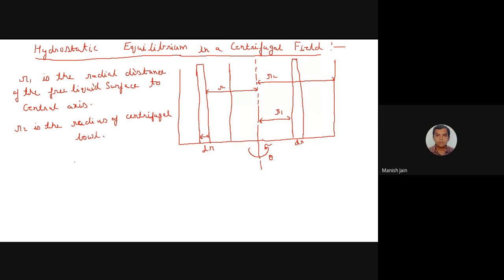Now, this fluid will work as a rigid body. This will not move. Here we have made some mistake, so I will correct it. This is the R1 distance, this is R2, and R should be here.